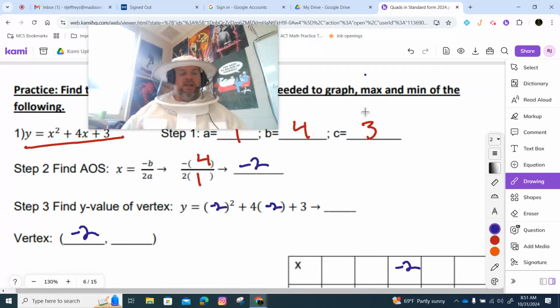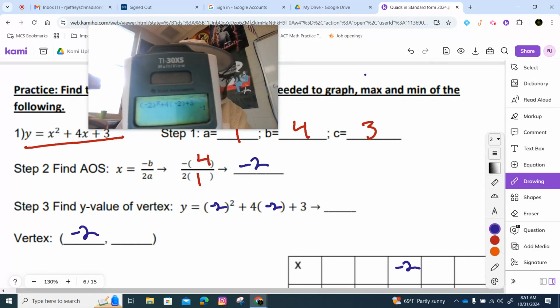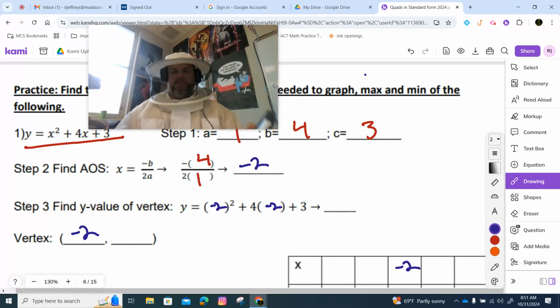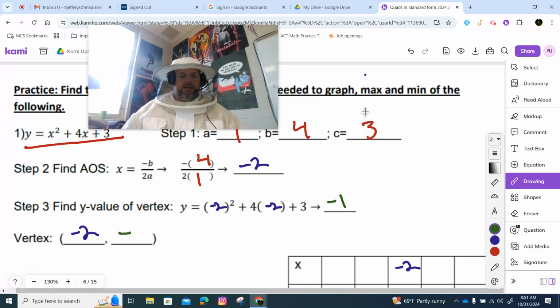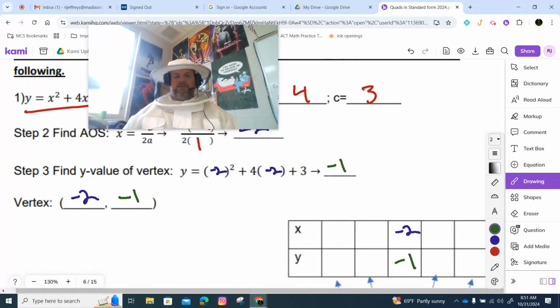All I did was plug it in for my vertex here, and I plugged it into my chart here. I plugged it in and I get -1. -1 goes here, -1 goes here, and -1 goes here.